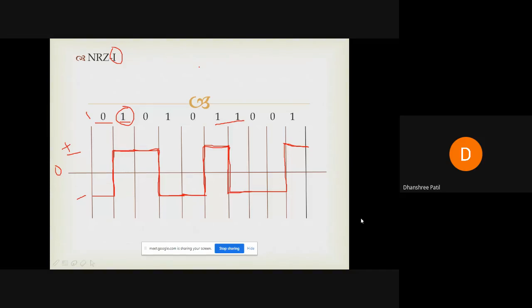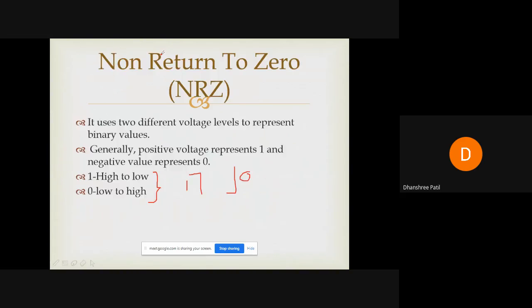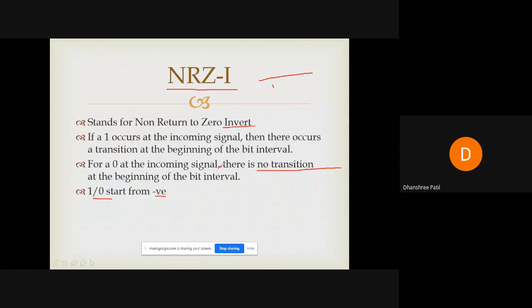So this is the NRZ-I. What is the difference between L and I? In NRZ-L, 1 represents positive voltage, and 0 represents negative voltage. In NRZ-I, 1 represents presence of a signal, 0 represents absence of a signal.